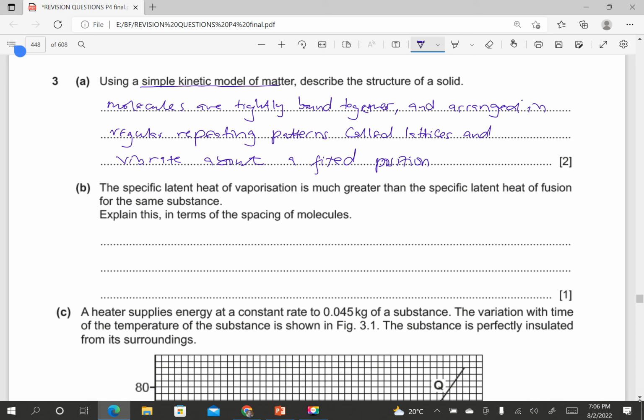So we have explained the structure of a solid using the simple kinetic model. When they talk about kinetic, you should explain in terms of molecules.